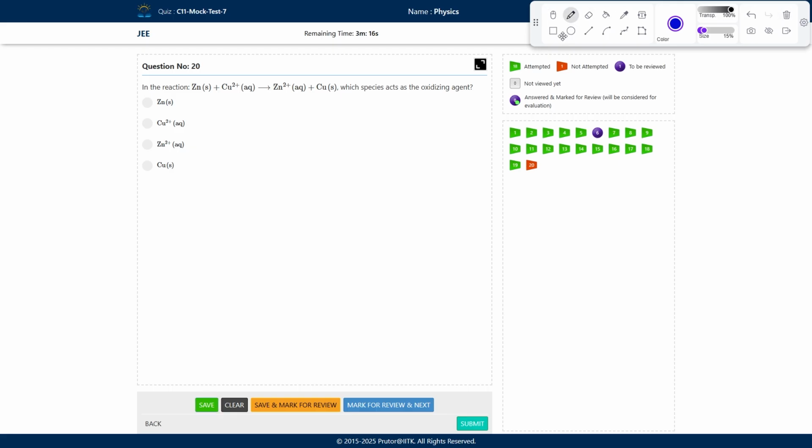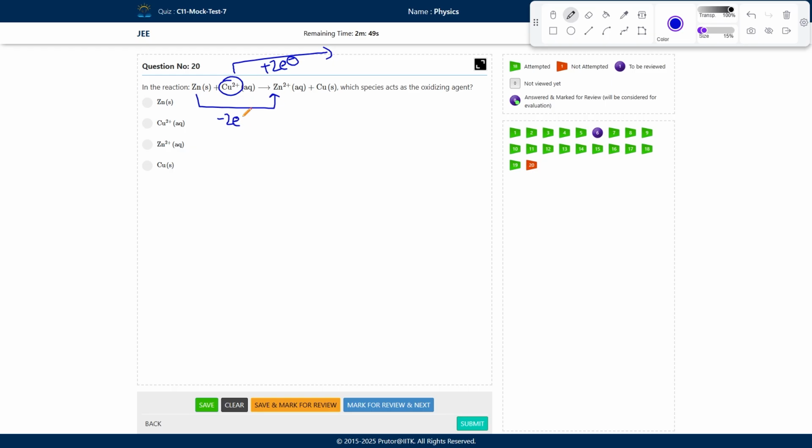In the reaction, which species is acting as an oxidizing agent? It's very easy. The species which is getting reduced is the species acting as the oxidizing agent. You can see here that Cu2+ is getting reduced, going from Cu2+ to Cu. That means you are removing 2 electrons. Whereas, sorry, you are adding 2 electrons. Whereas Zn is going from Zn to Zn2+.